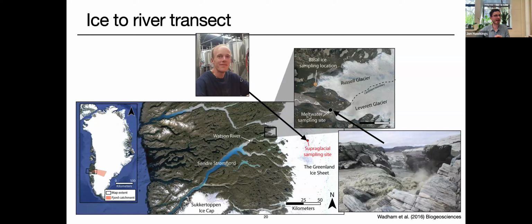So this poor guy here, Dave Chandler, a hero in my eyes, decided to camp on the ice sheet for 3 months. He was doing another project, so this was a side project for him, taking samples of surface meltwater, cryoconite holes, and at the same time, we were camped down here in front of the ice sheet at that Leverett Glacier that I've been talking about. Actually, it's this one here, taking samples from this proglacial river.